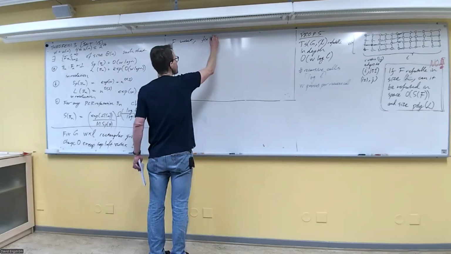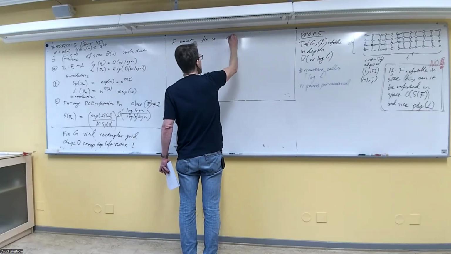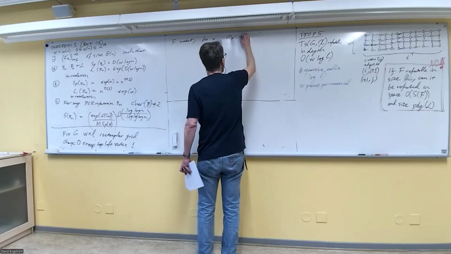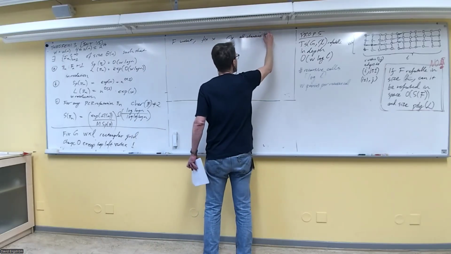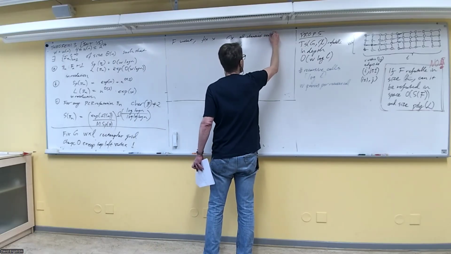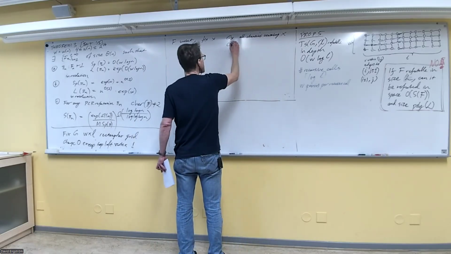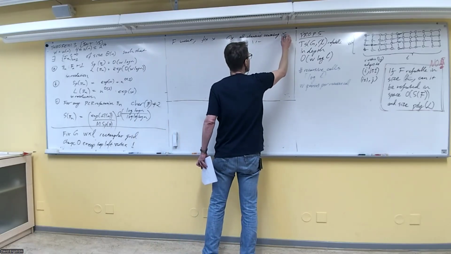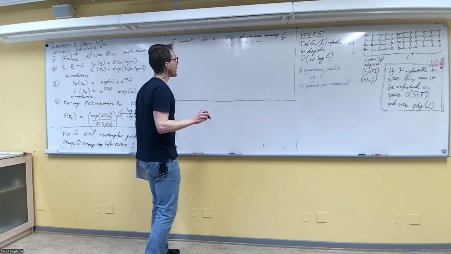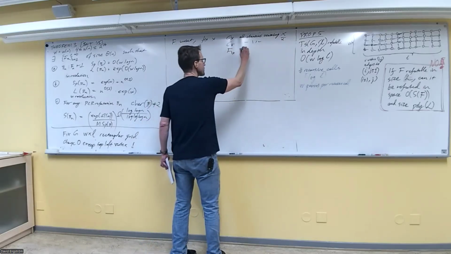Pick some variable x and let Cx be all clauses containing the literal x. Let C not x be all clauses containing x bar, and let me write F minus x to be the rest.